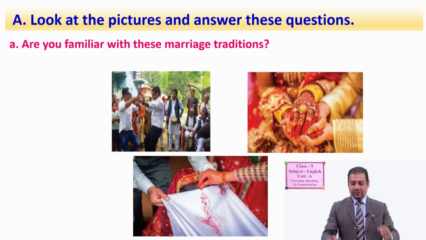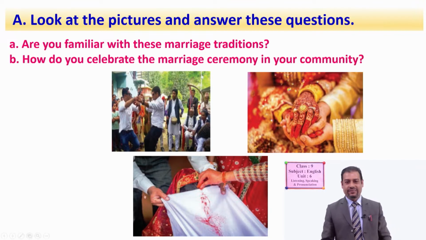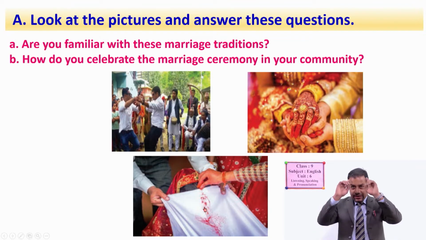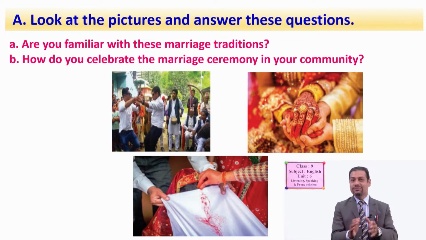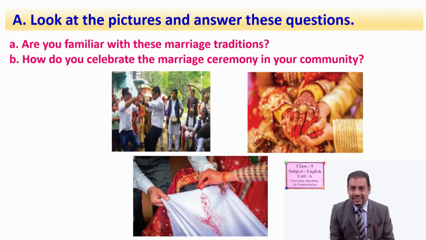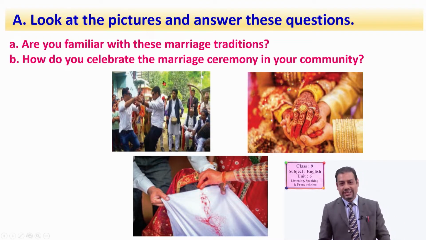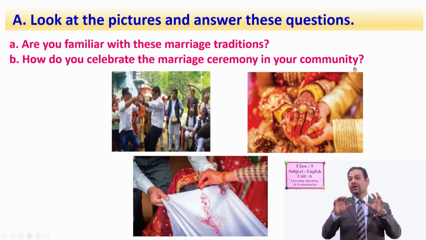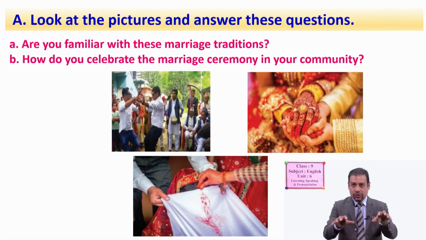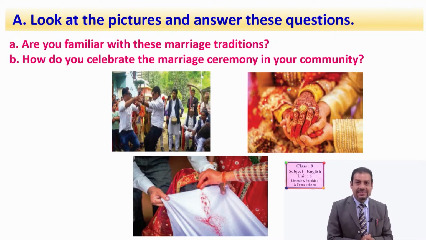Now the third picture, you can see there is a piece of cloth and someone putting sindoor. From this moment onwards, the bride gets the status of a married woman. Is it clear, all of you? So, how do you celebrate the marriage ceremony in your community? We people somehow follow this sort of thing in our marriage ceremony.